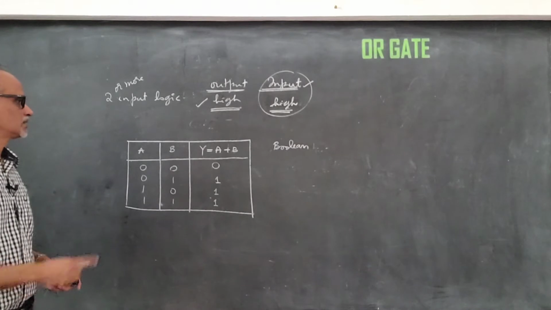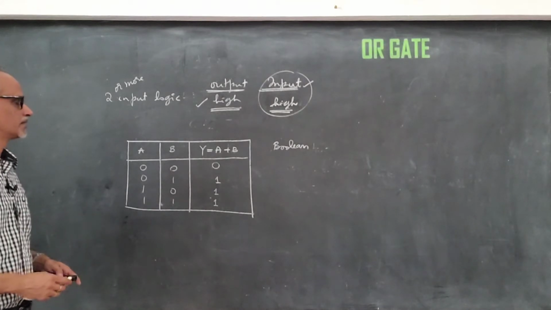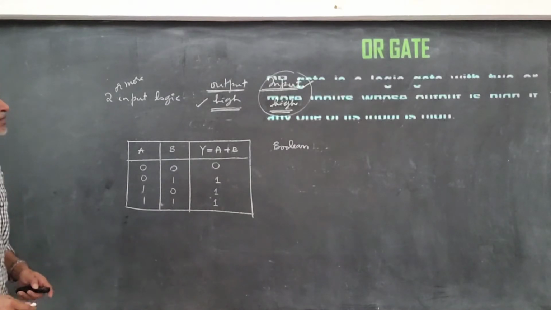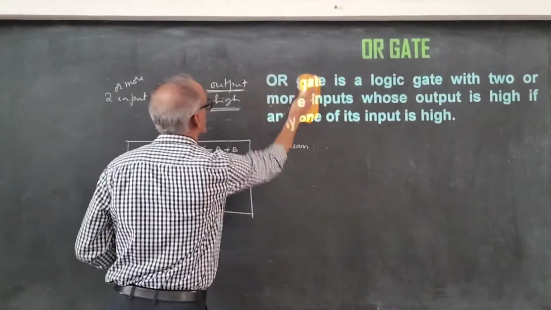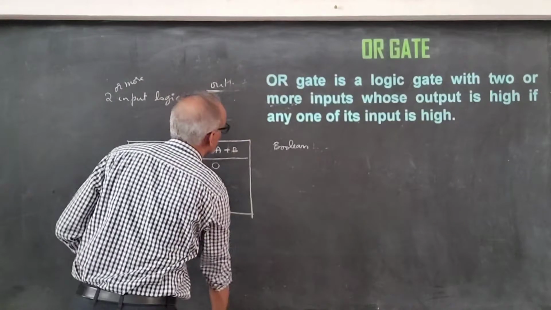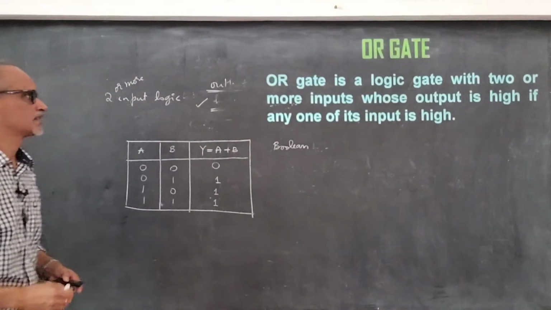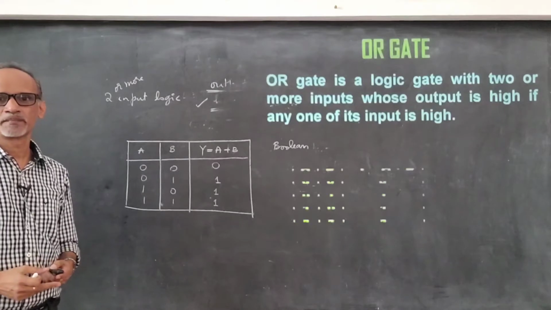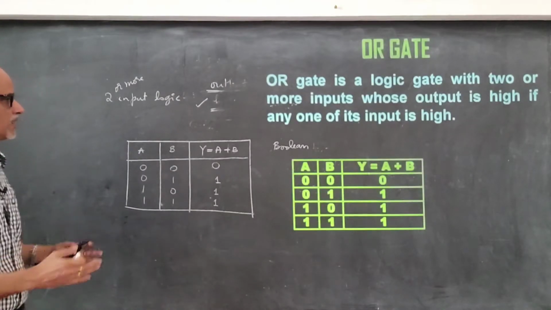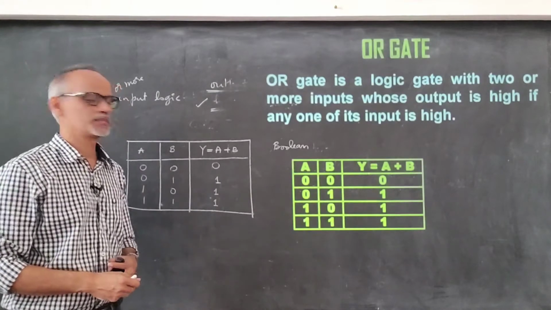This is the truth table that we get. The definition is that an OR gate is a logic gate with 2 or more inputs whose output is high if any one of its inputs is high. And this is the truth table, and all these are important from the exam point of view.